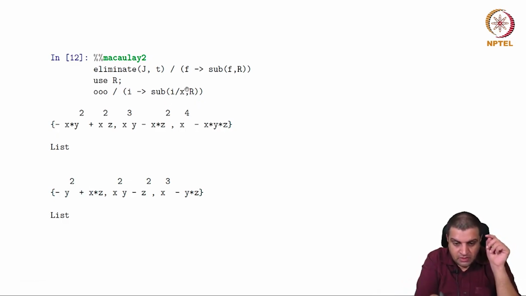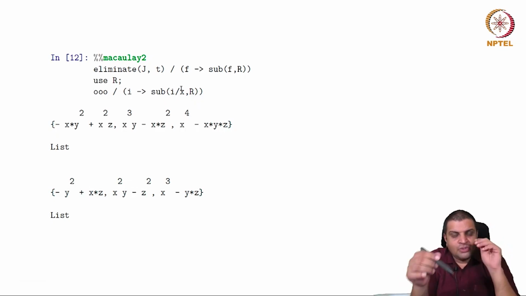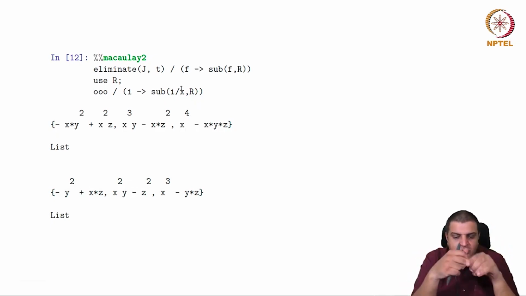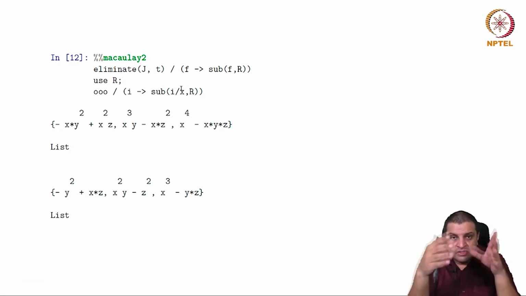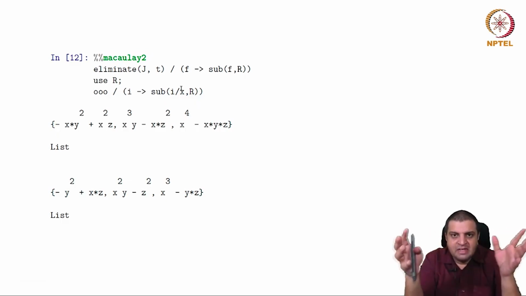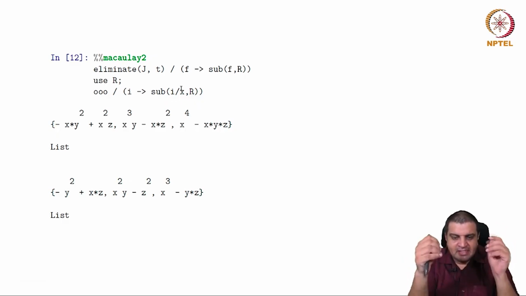So this OOO refers not to the previous output but the output before it, which means the output of this list here. So to each element I in that list, divide I by x. But when we do this, it goes into what is called the fraction field of R. So given an integral domain, one can localize at the complement of the 0 prime ideal and get a field; these will be exercises.